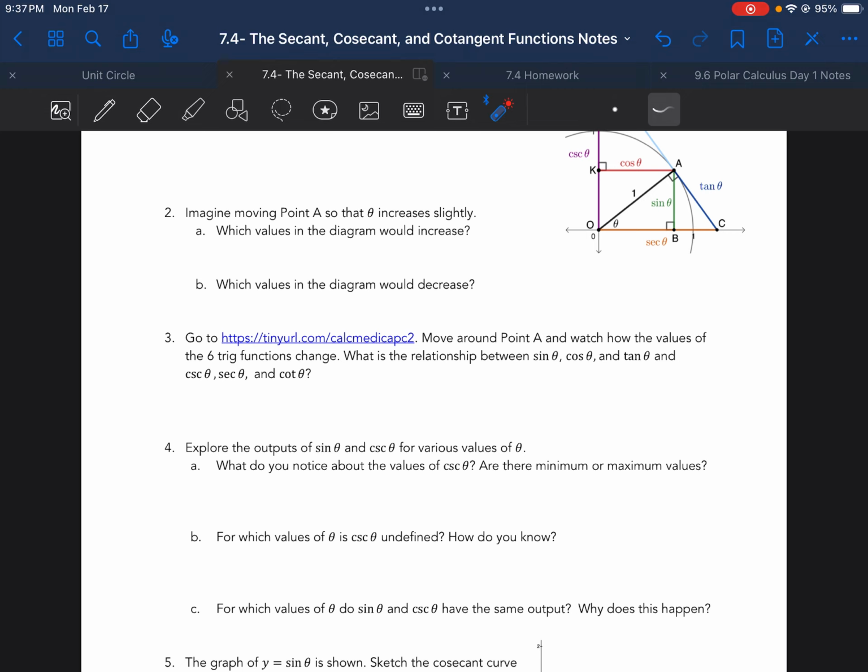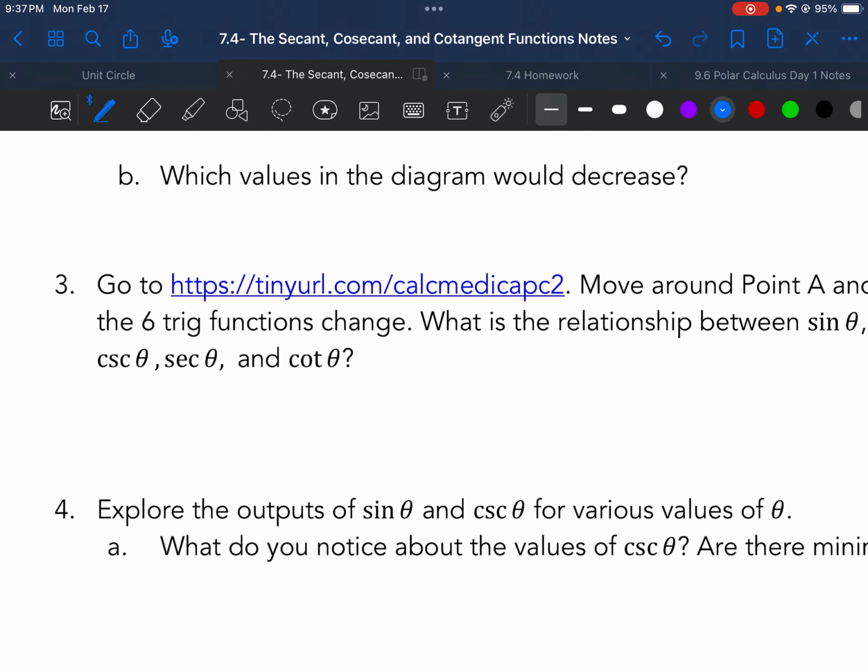And here's the relationship that you would eventually get to. All right. So here's a relationship. Sine of theta and cosecant of theta are what we call reciprocals.